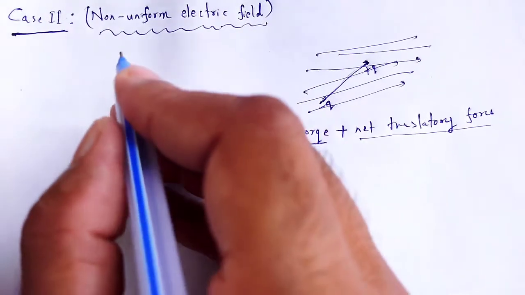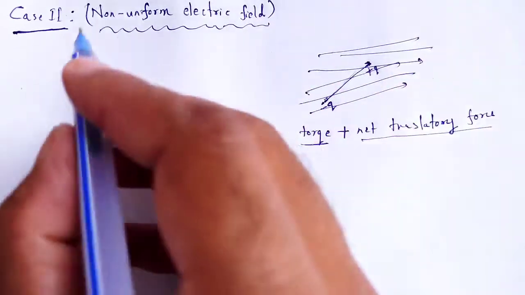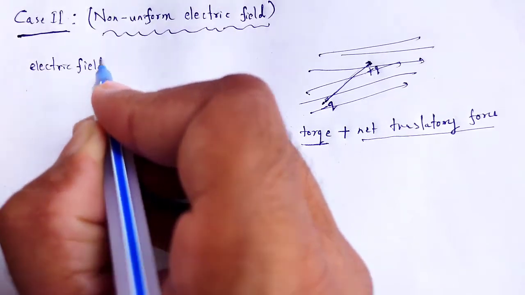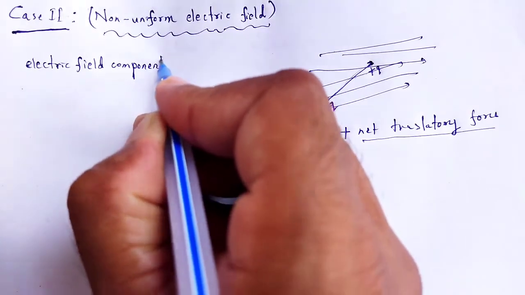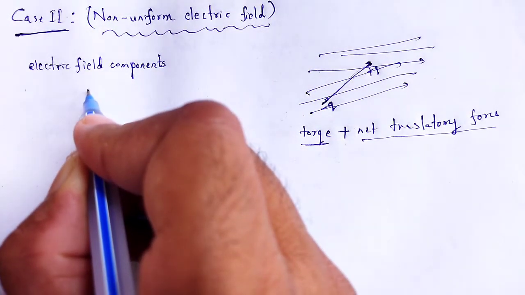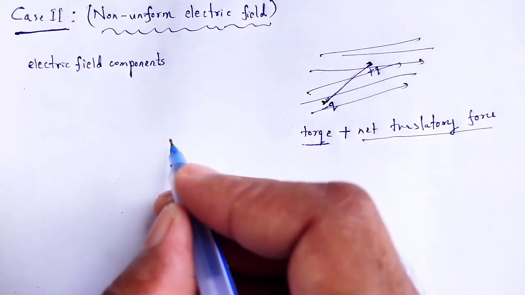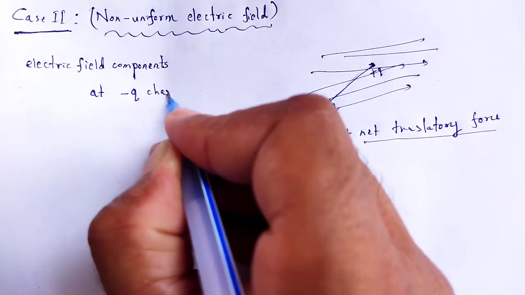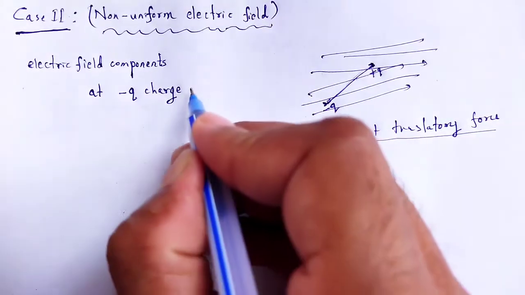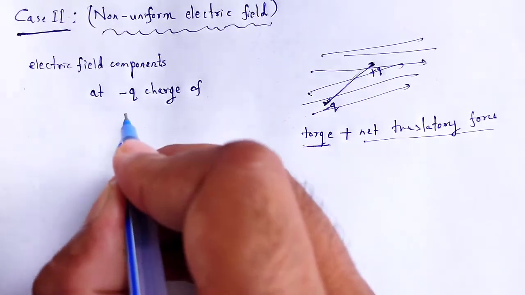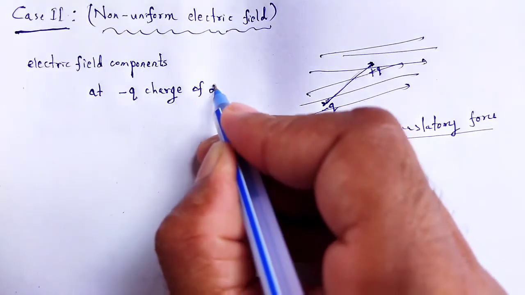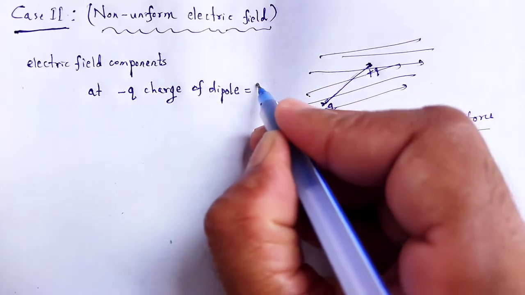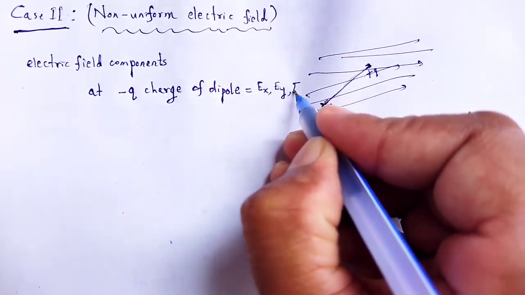Let us take the electric field components at the negative charge of the dipole, that is Ex, Ey, Ez.